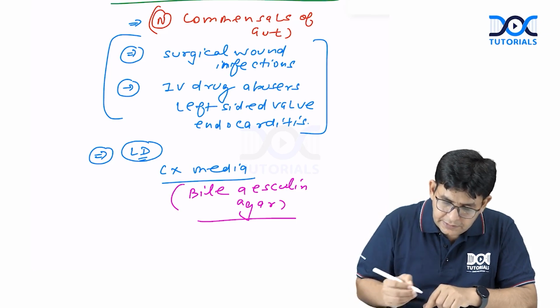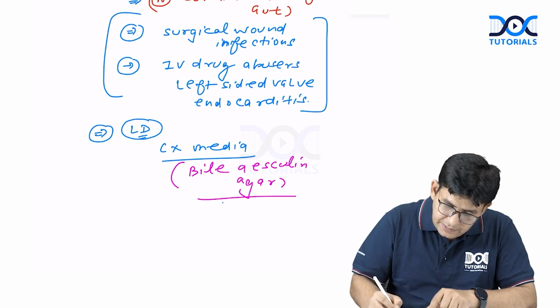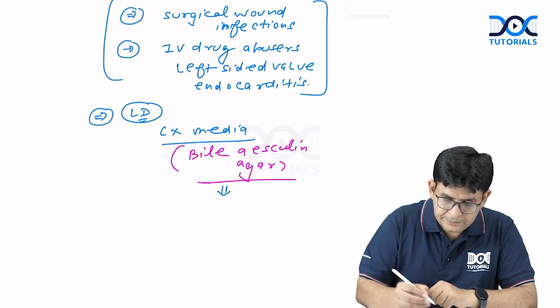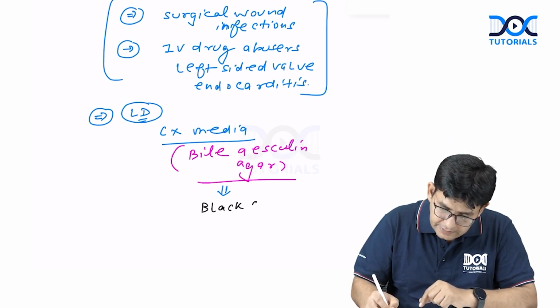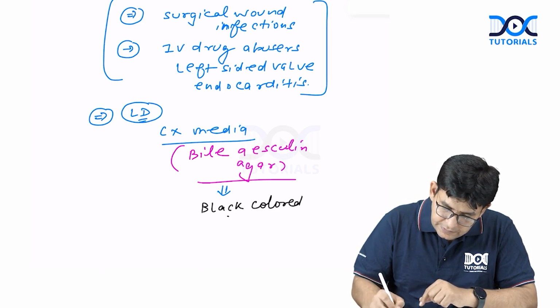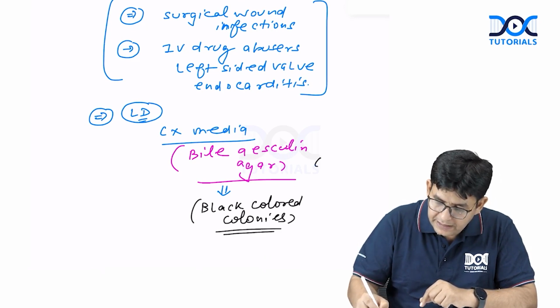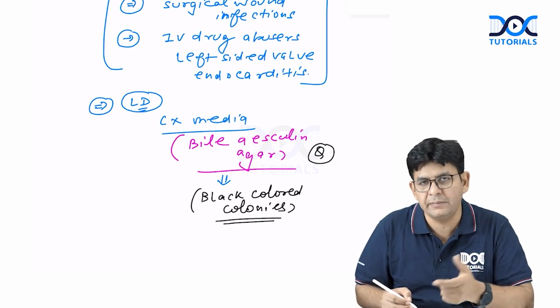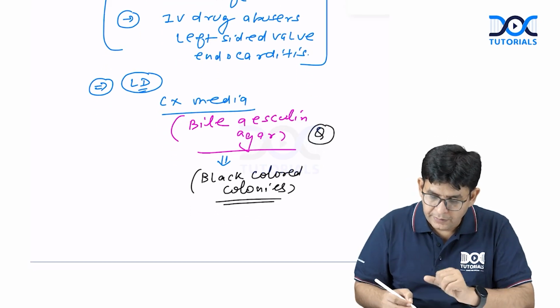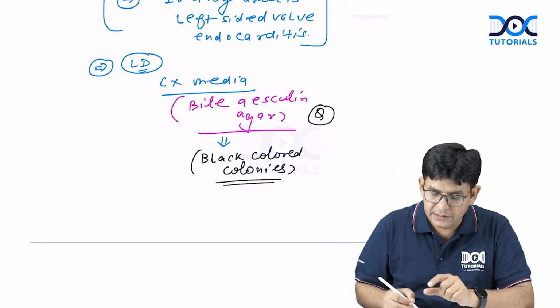Black colored colonies come on this media, bile esculin agar, of Enterococcus. Either it can be faecalis or it can be faecium. Both it can be.